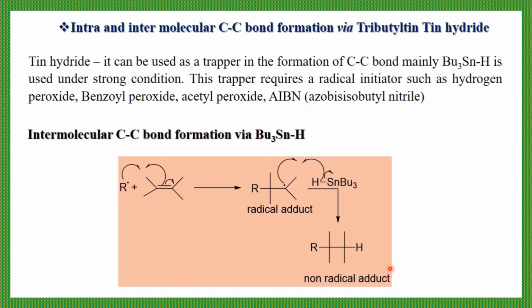The radical initiators are hydrogen peroxide, benzoyl peroxide, acetyl peroxide, and azobisisobutyronitrile. These are required to start the carbon-carbon bond formation reaction via tributyltin hydride.